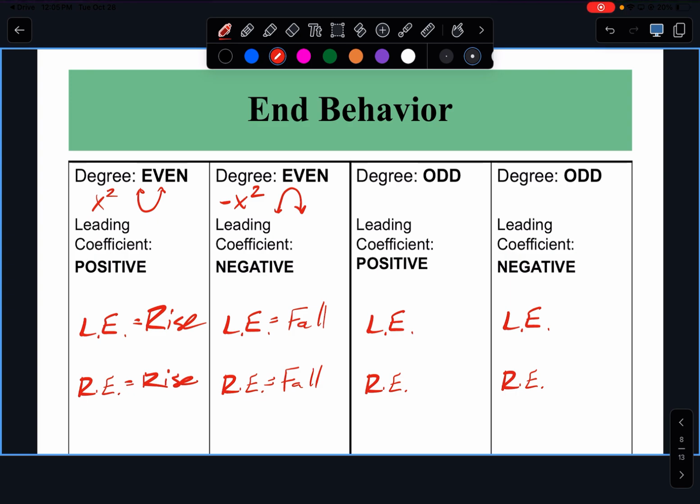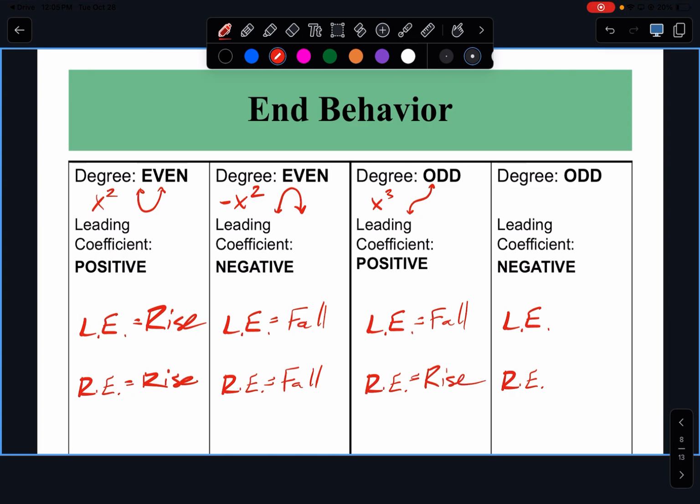Odd is a little bit different. The most basic one we have for that is x cubed, which is going to give us our little snake, like that. The left end is fall. The right end, though, is rise.